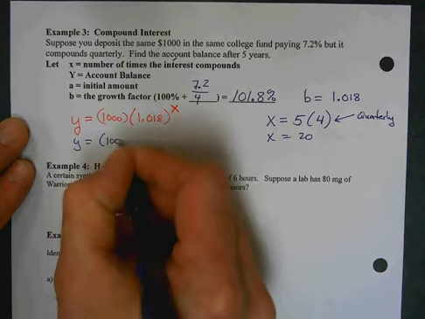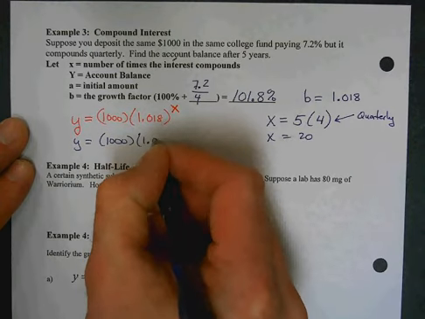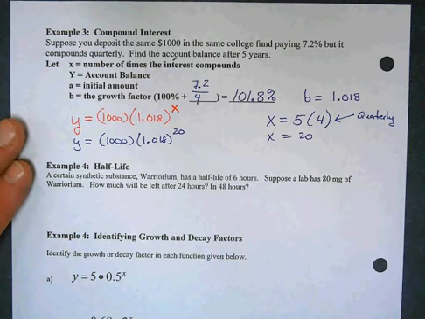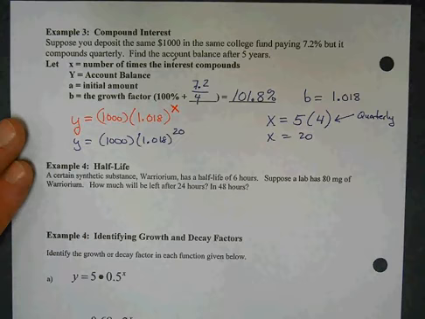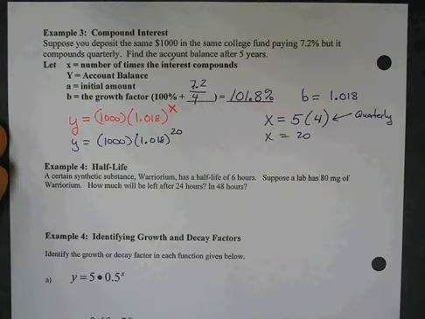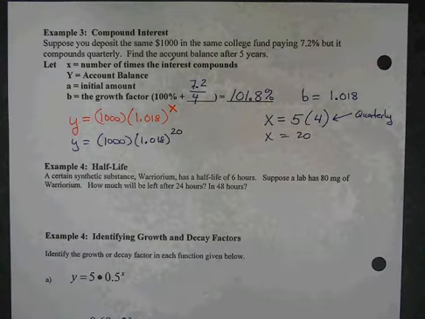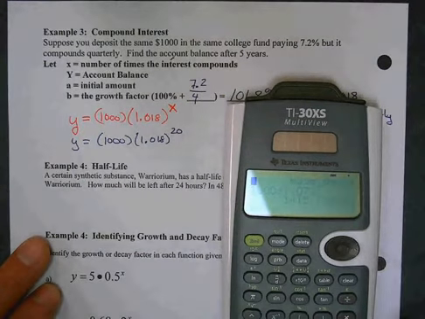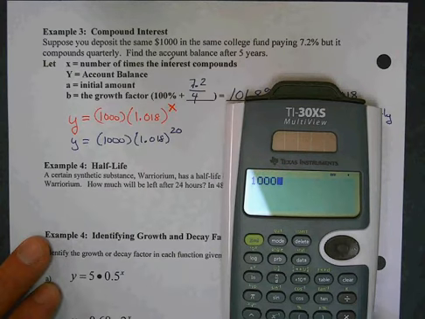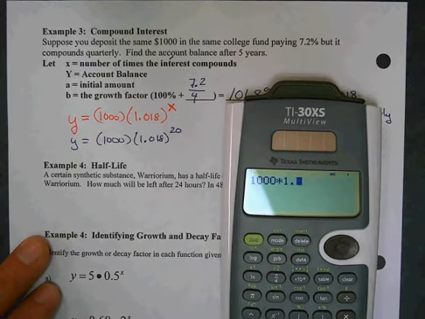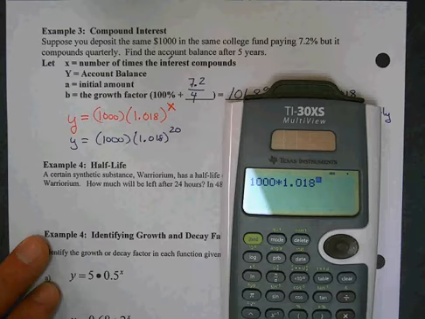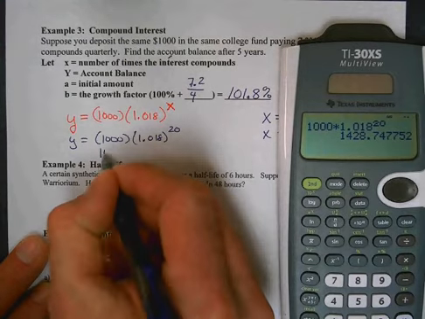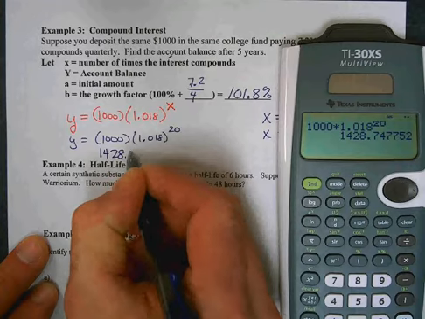So everyone, let's figure this out. Now, before we punch it into our calculators, do you think you're going to end up making more or less? Same. Or same? All right, let's see. Plug it in. 1,000 times 1.018 raised to the 20th. 1428.75.